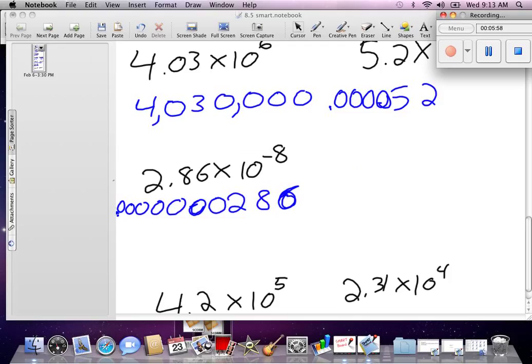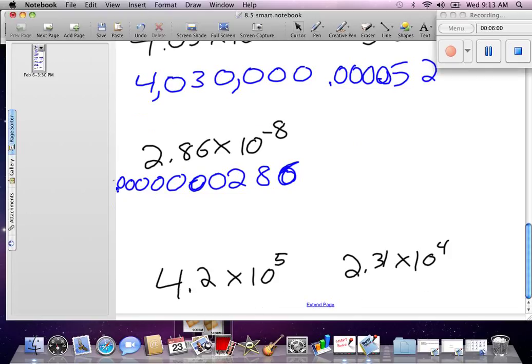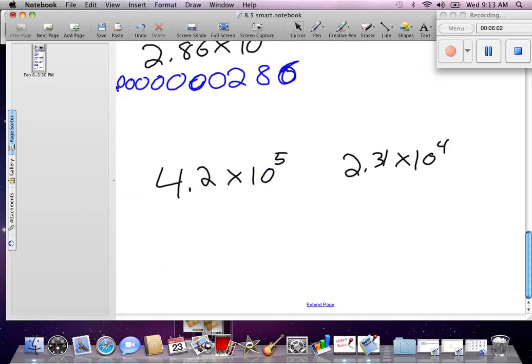All right, ladies and gentlemen, let's do this last one. We are multiplying two numbers in scientific notation. So we're multiplying these two numbers. The first thing you're going to do, just like when they're in exponent form, scientific notation is the same way.